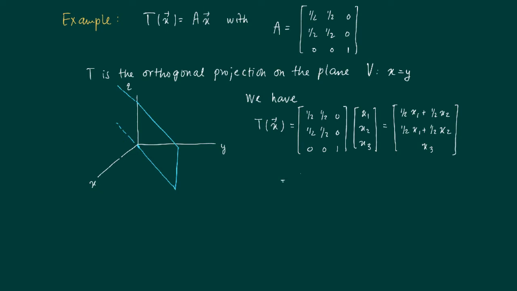So we see here that when we take out the constants, x1 plus x2, we get a vector half, half, 0, plus x3 times, so x3 is a scalar before the vector 0, 0, 1.